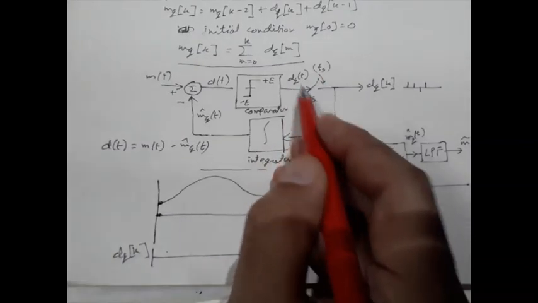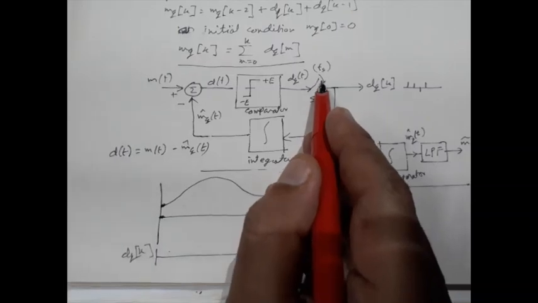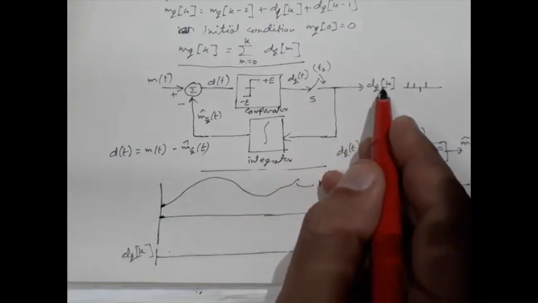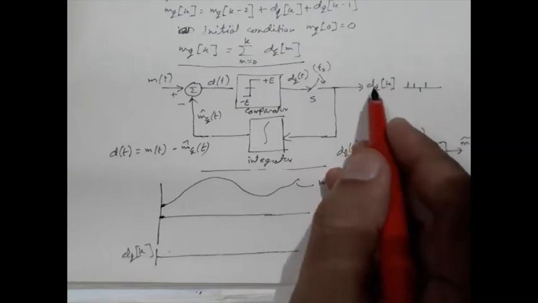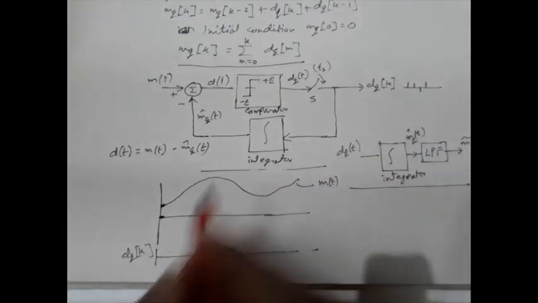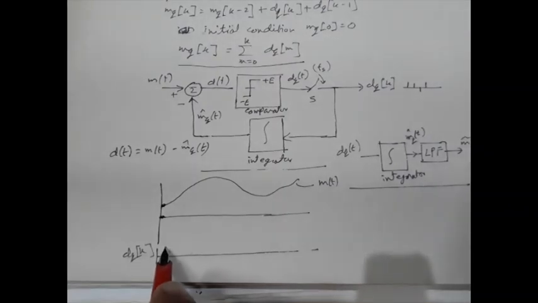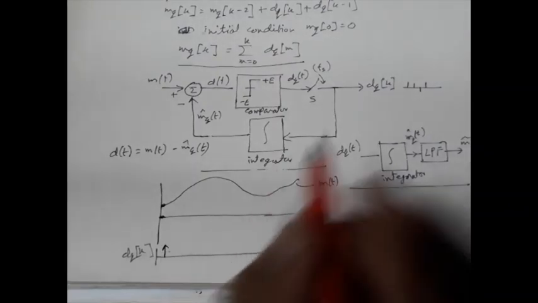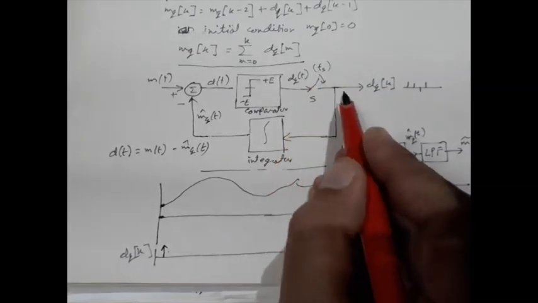Now this switch will be momentarily closed, and once it is closed we will get DQK. So what should be the value of this DQK? It will be a positive impulse, positive volt of plus E at this particular point, then it will be switched off again.